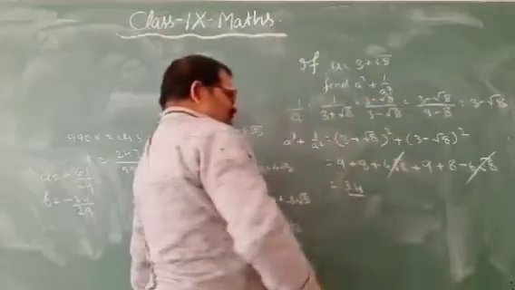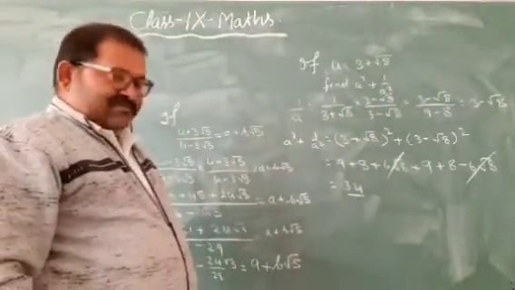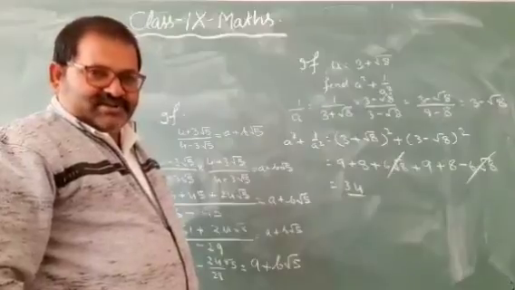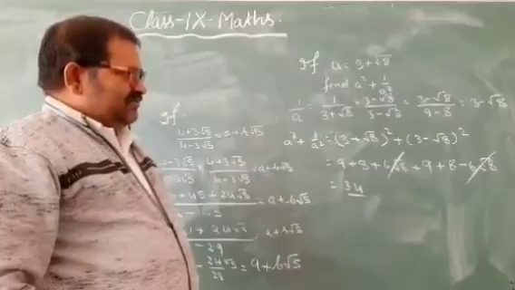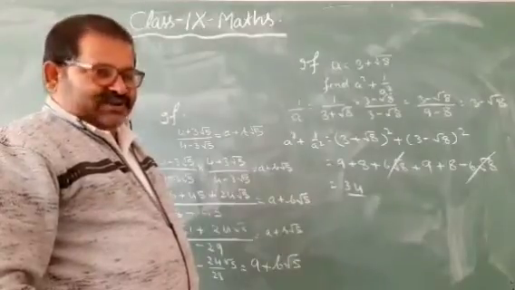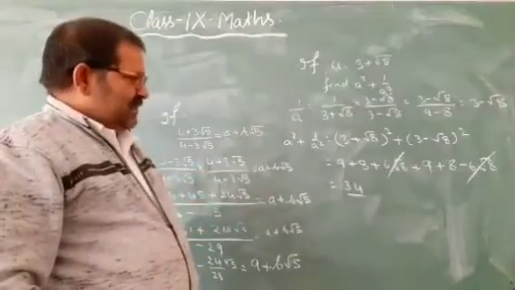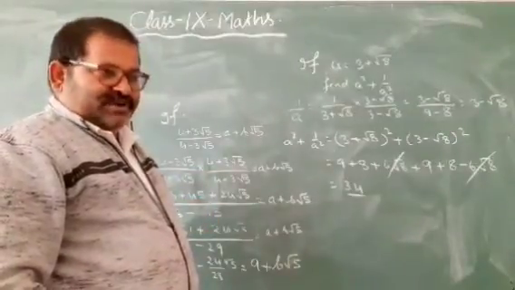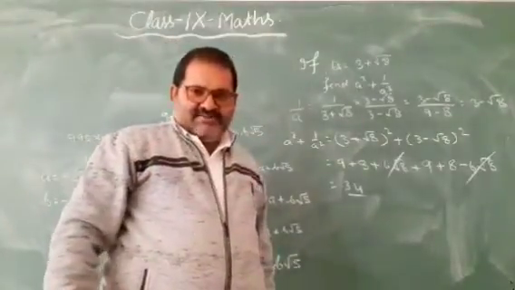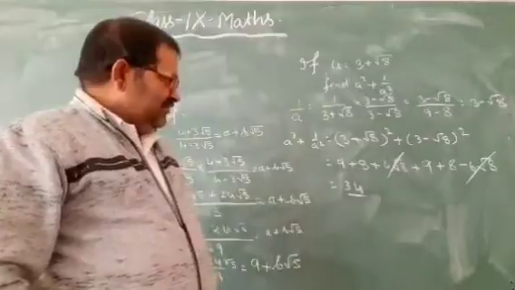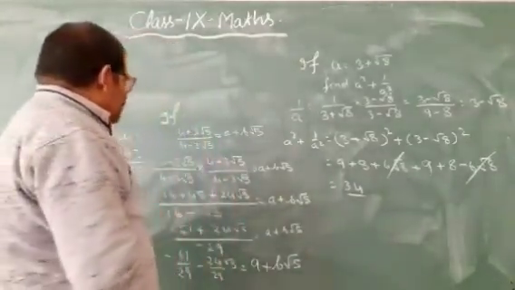This is the rationalization of the denominator. The denominator is 3 plus root 8. So that's equal to 3 minus root 8 upon 9 minus 8, equal to 3 minus root 8. And we substitute the value of a square and 1 upon a square and we get the result of 34. Clear? Now the next question.